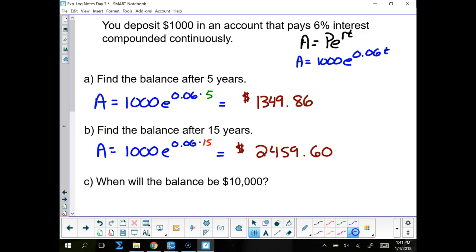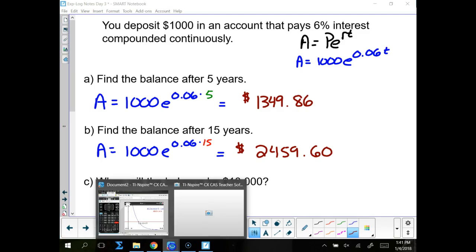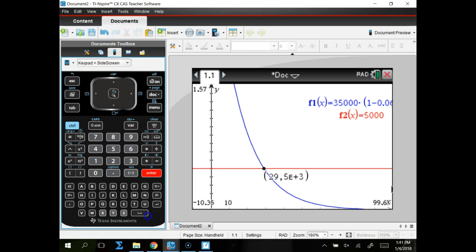Okay. Walk me through how to find when the balance will be $10,000. How would we do that? Well, let's use a graphing calculator, because we don't know how to do logs yet. Wink, wink, nudge, nudge, even though we've already learned them.